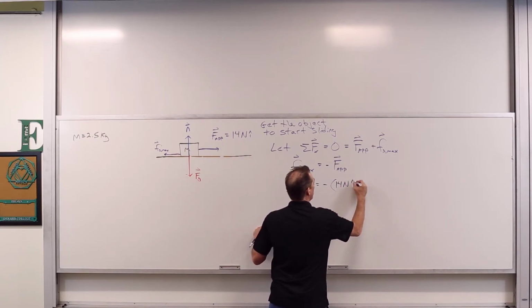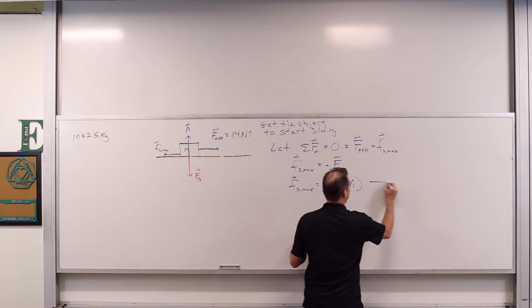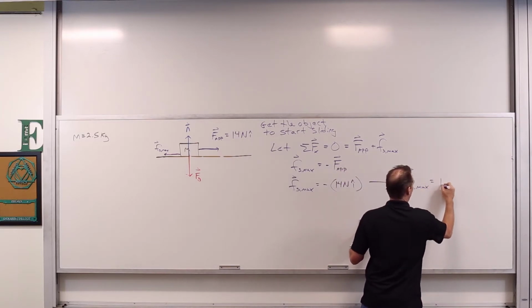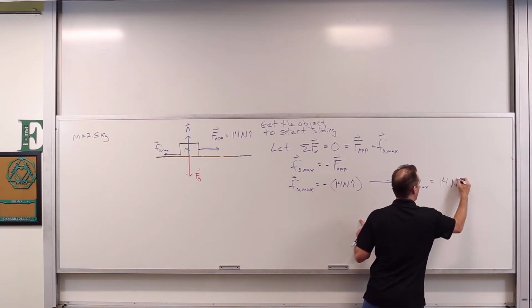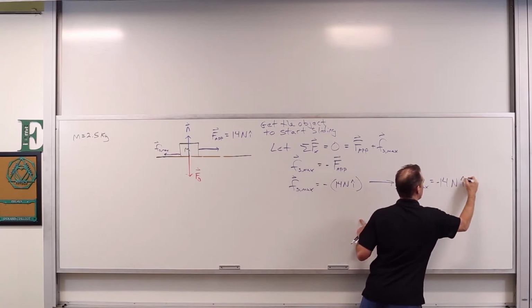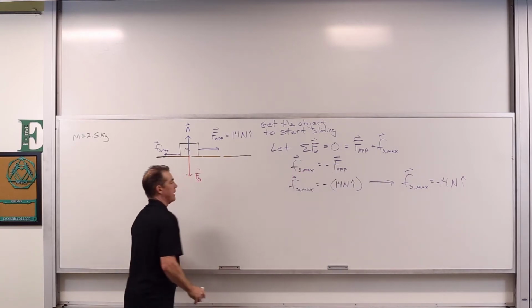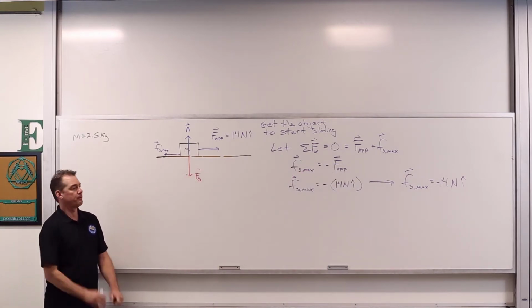Which then says F sub S max is equal to negative 14 newtons I hat. 14 newtons in the negative I hat direction. That's as much as it can build up to. After that, set into motion. So there we go.